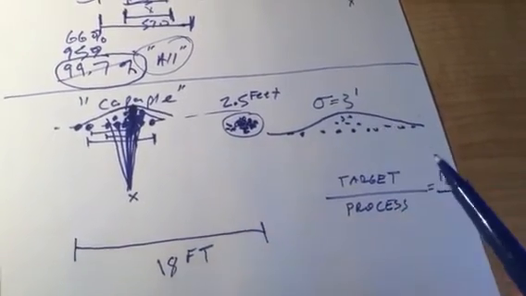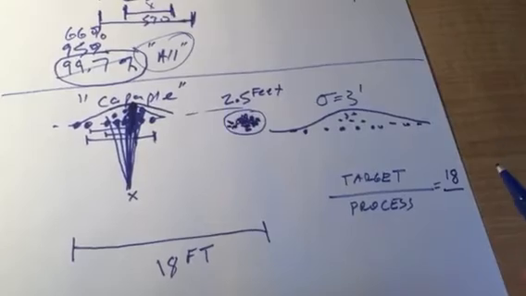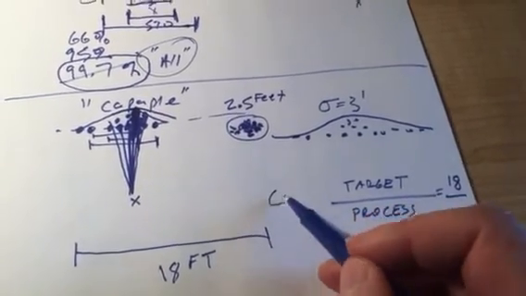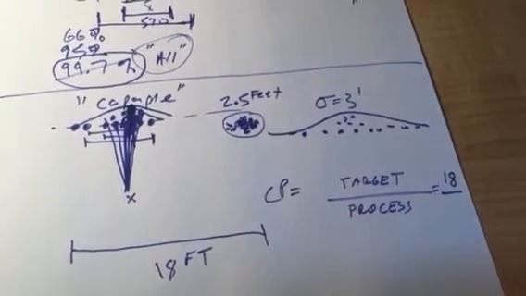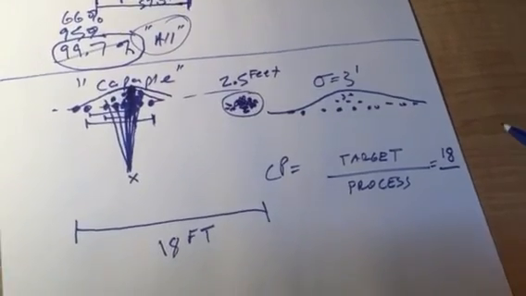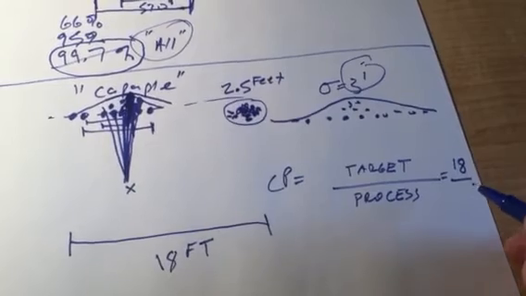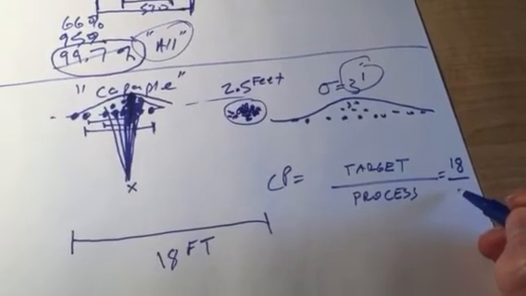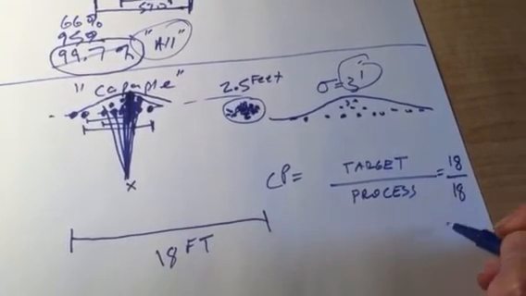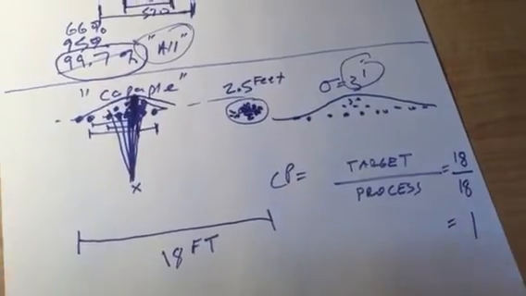For that, we use the standard deviation. For process capability, C sub P, we use 6 standard deviations. So 6 times our standard deviation of 3 for that process is 18. So here we would have a C sub P of 1.